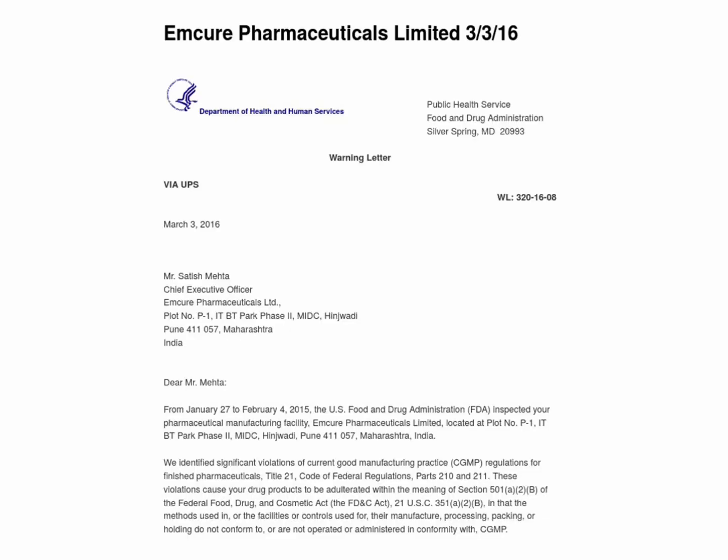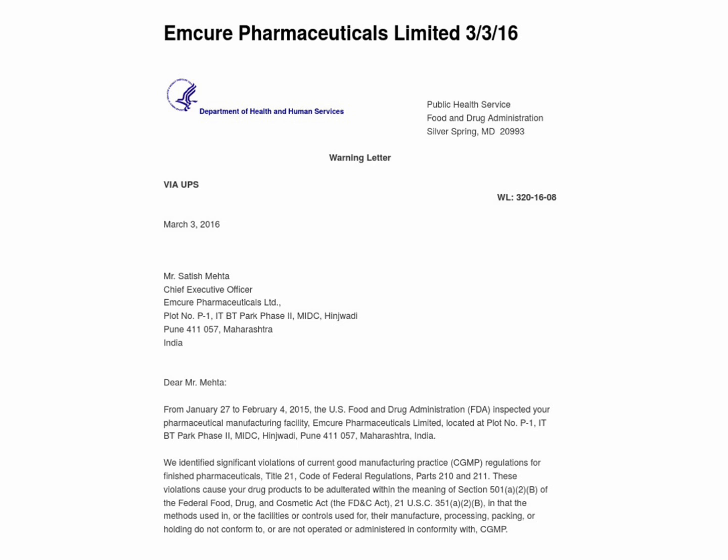Let's go over a second warning letter, again sent by FDA. So here is the dear Mr. X. From January 27 to February 4th, FDA inspected your pharmaceutical manufacturing facility, etc. FDA identified significant violations of current good manufacturing practice, or CGMP, regulations for finished pharmaceuticals.